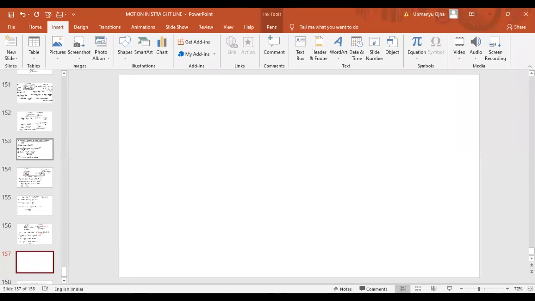So you can do 3.9. This is a relative velocity concept, you can do it now. 3.12 I will do. NCERT 3.12.